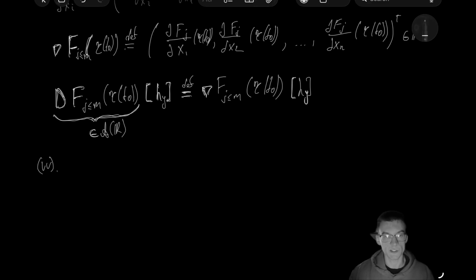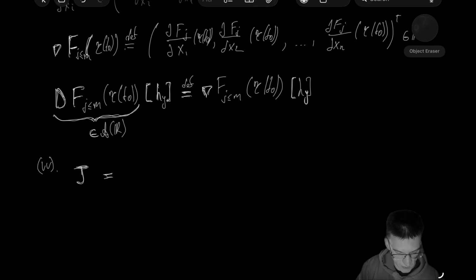Well, in this case, I'm going to introduce a new matrix. This is going to be called the Jacobian matrix. By definition, the Jacobian matrix with respect to y at t0, at a specific time, at a specific vector, is the matrix which looks like this.